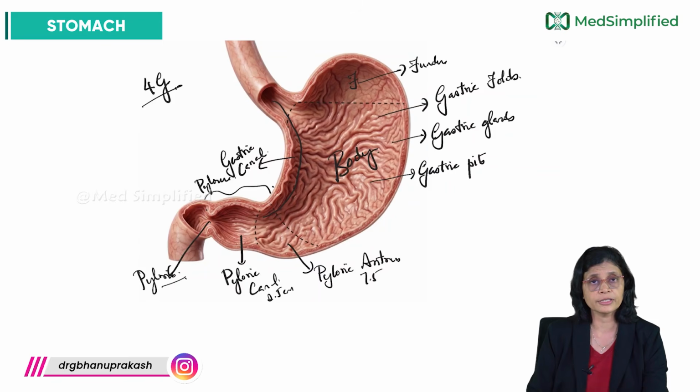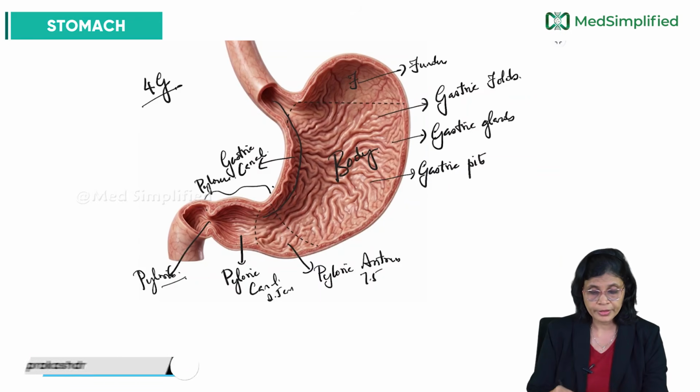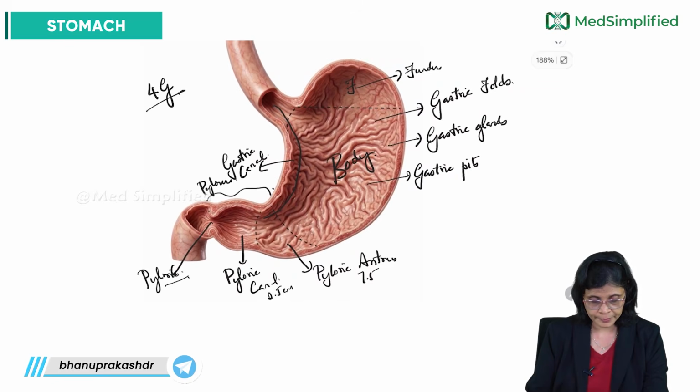At the pylorus we have the anatomical sphincter. Here the circular layer of the muscles is more thickened. That is what we see at that part.